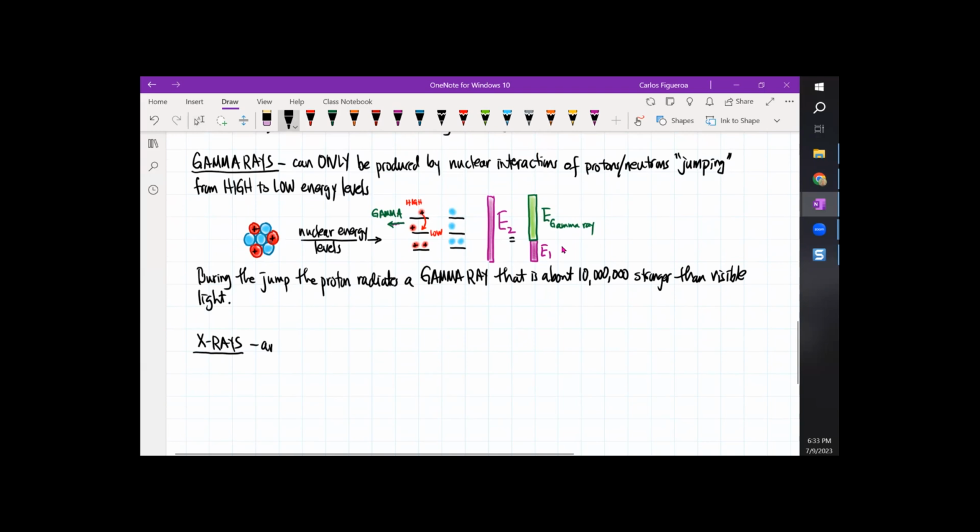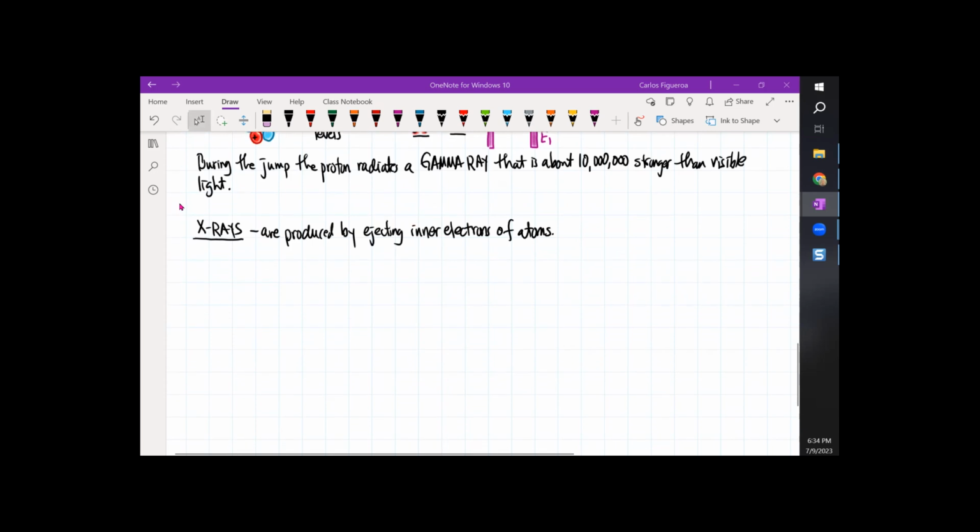These guys are produced by ejecting inner electrons of atoms. Typically the way they do that, I think one of the first ones was a copper atom. Modern days, they typically use tungsten. But here's what we have here. Let me bring this up here.